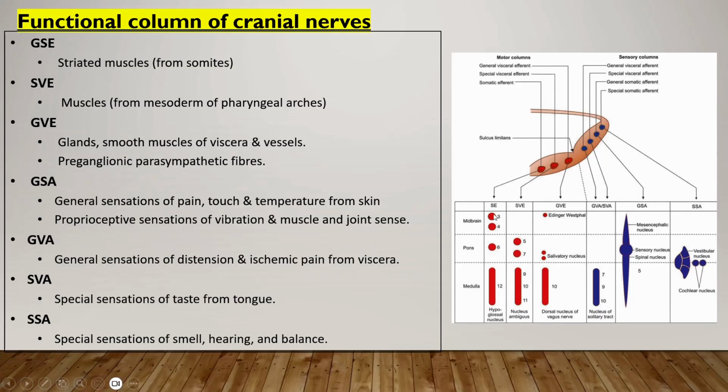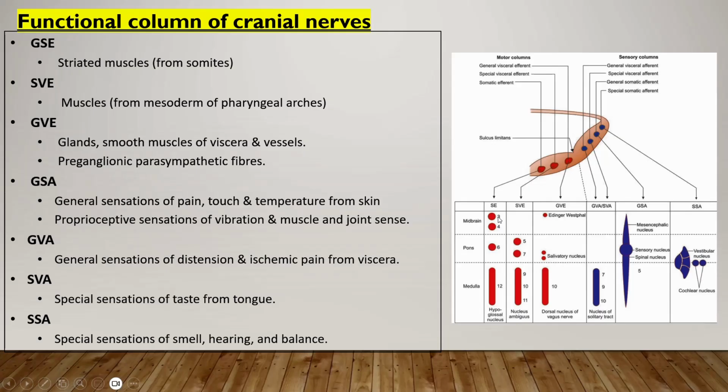So they will be supplied by the general somatic efferent functional column. So what is their location? In the midbrain, the nuclei belong to the third cranial nerve, then the fourth cranial nerve, and the sixth cranial nerve is present in the pons, and in the medulla, that is the 12th cranial nerve nuclei.